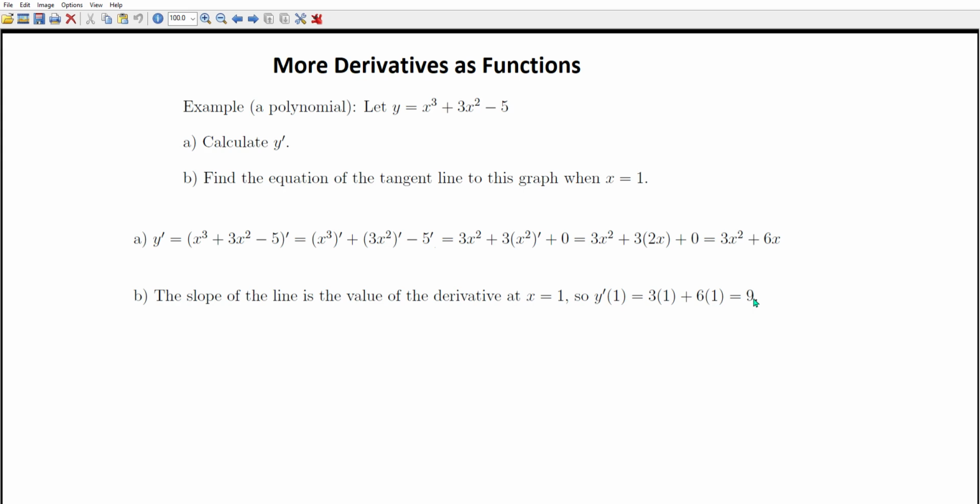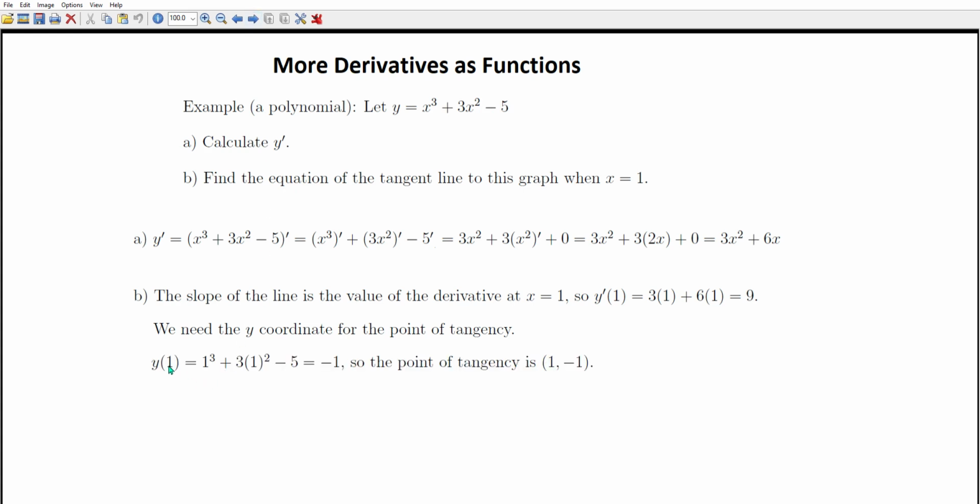Now all we need is a point. We know the x-coordinate, but we need the y-coordinate for the point of tangency, and that comes from the function value. y of 1 is 1 cubed plus 3 times 1 squared minus 5, and you do the algebra and you get minus 1. So the point of tangency is (1, minus 1).